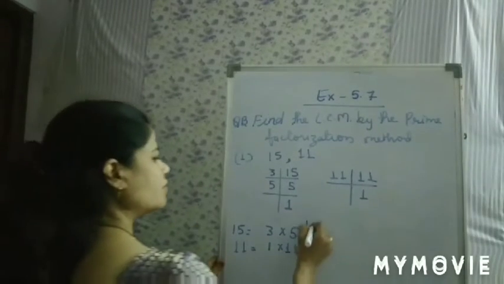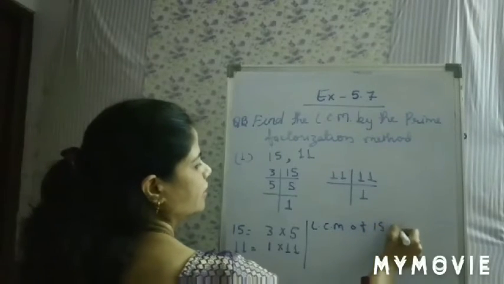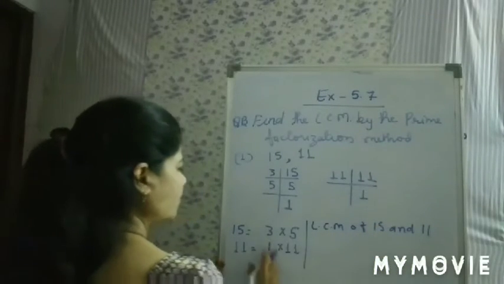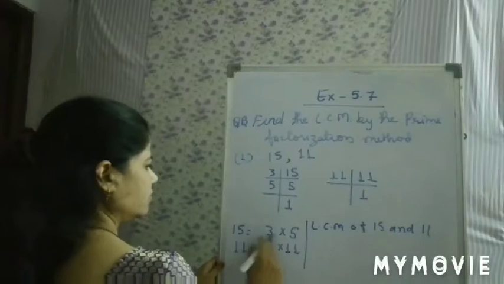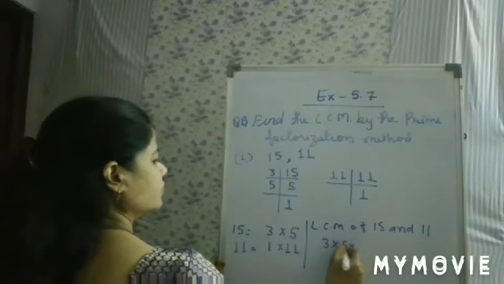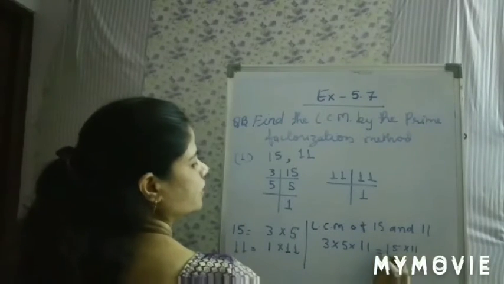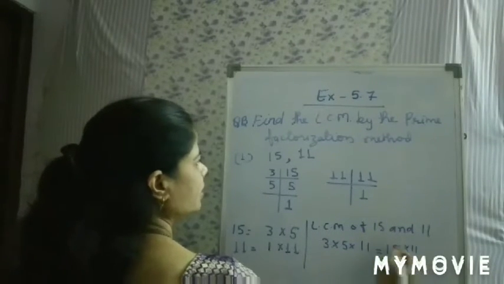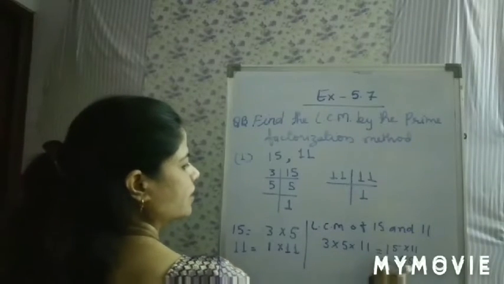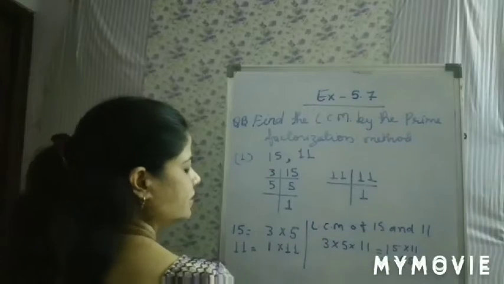Now you have to find the LCM of 15 and 11. So you have to write all the prime factors. 3 into 5 into 11. 15 into 11 will be 165. So the LCM of 15 and 11 is 165.